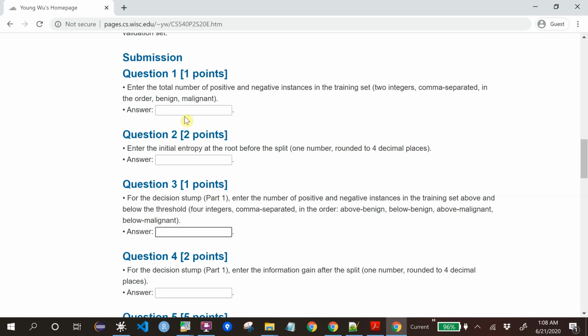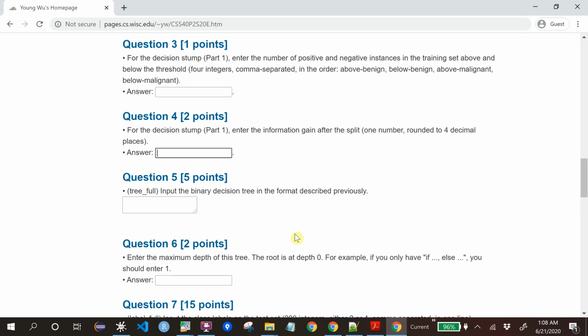I'm just checking if there are 2 numbers here and 4 numbers here. For questions 2 and 4, I'm grading if they are consistent with the numbers you entered in 1 and 3. So 2 should be based on 1, and 4 should be based on the 6 numbers in 1 and 3. Technically, if you don't maximize the information gain, you'll still get the points, but I hope you could do that.